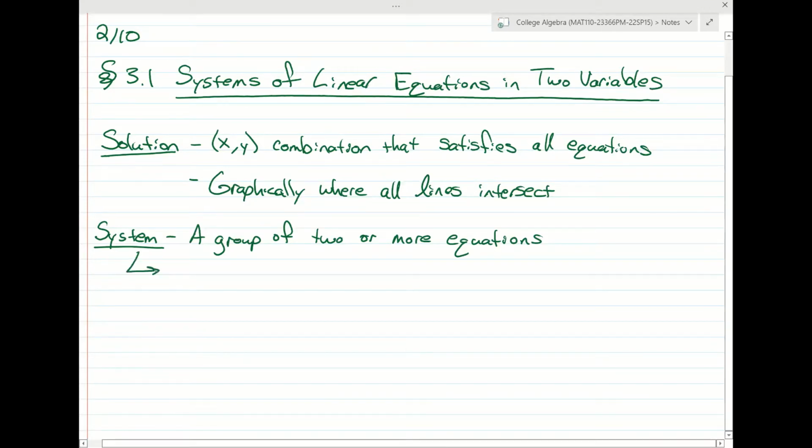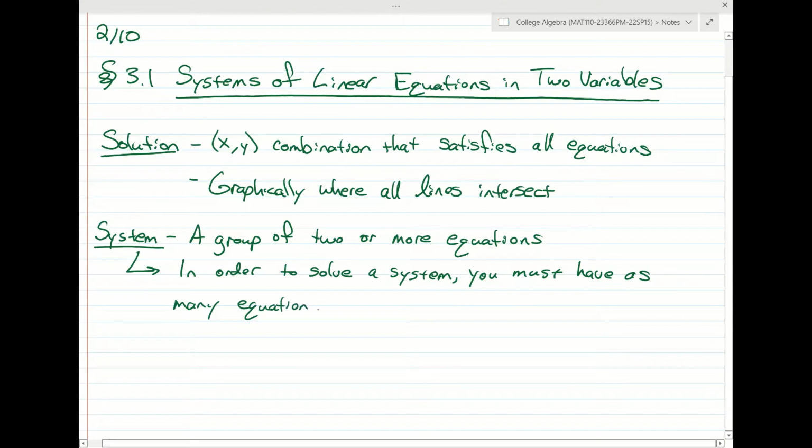One thing I just want to point out is, in order to solve a system, you must have as many equations as unknown variables.